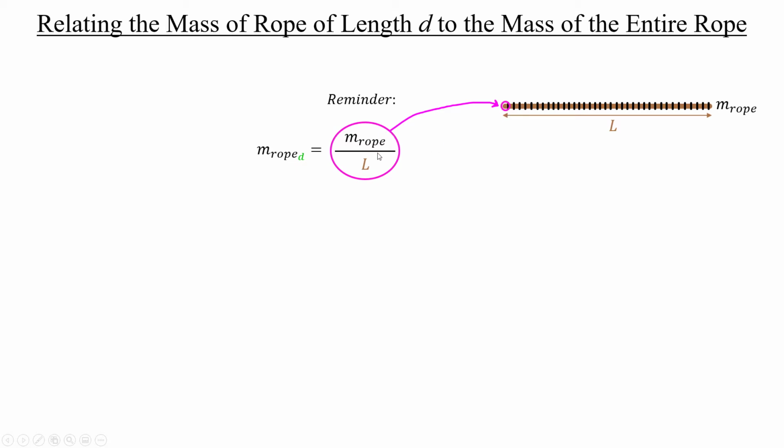And we want to take this quantity, this mass per length, and multiply it by the length d. And that will tell us how much mass is contained in that chunk of rope.